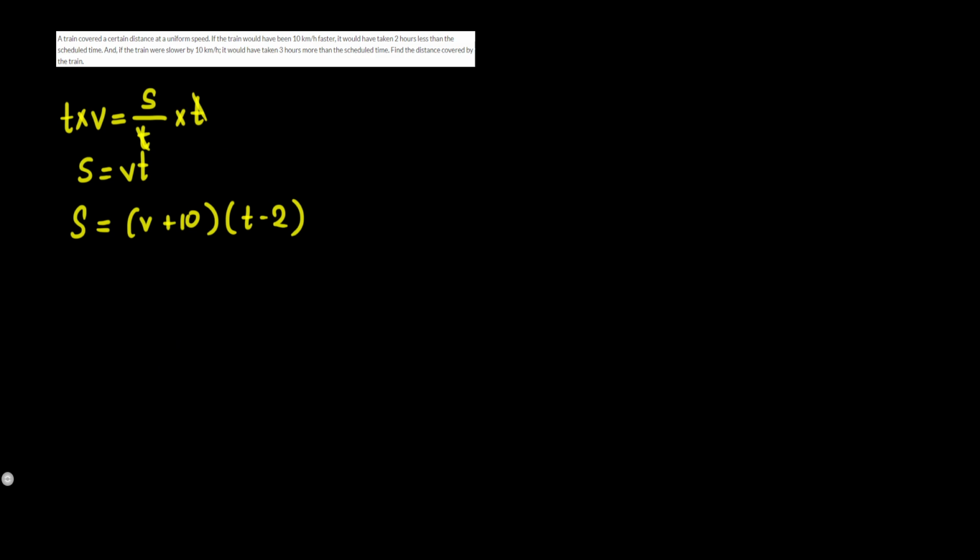Alright, so now let's get the second situation. If the train were slower by 10 kilometers per hour, so from the original speed it's v minus 10 kilometers per hour, it would have taken 3 hours more than the scheduled time.